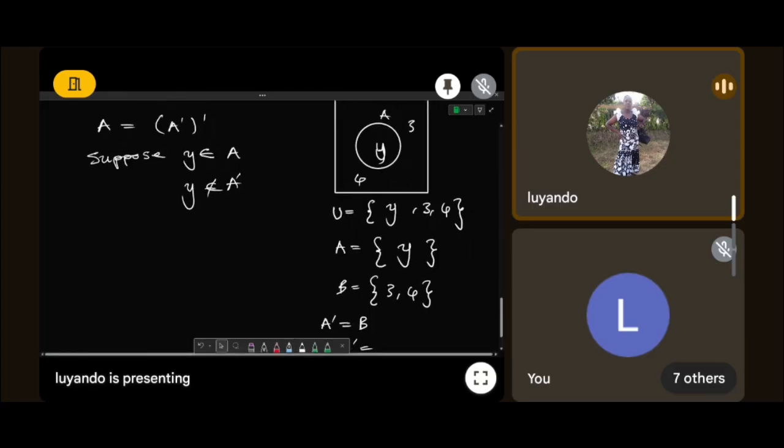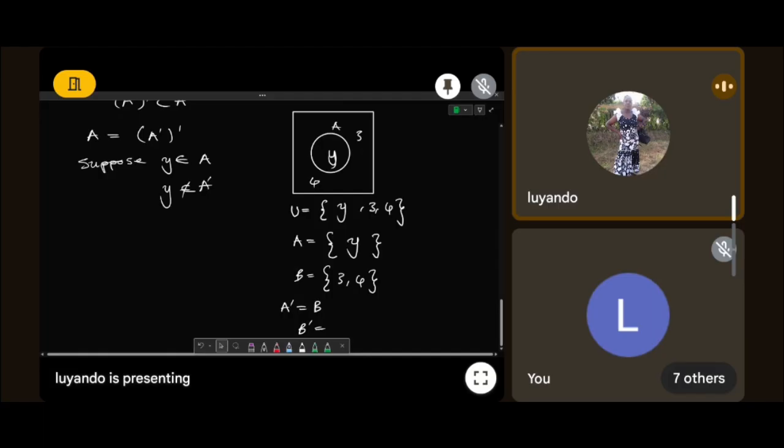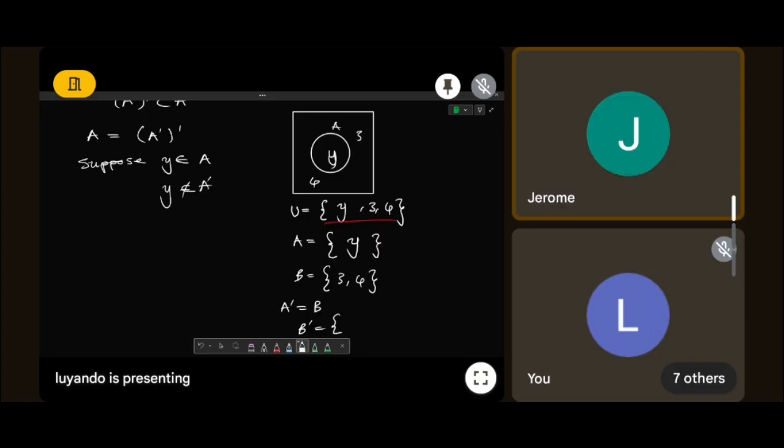Remember, the set we are looking at is the universal set. So what would B complement be equal to if this is the universal set? Someone to tell me. Sharp guys, someone to tell me.